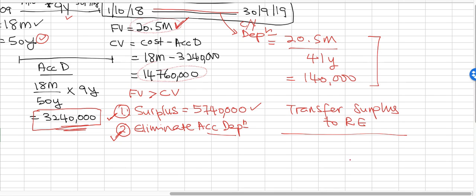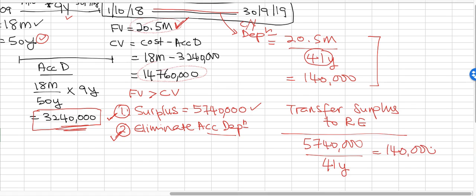Because you transfer the surplus annually, just like depreciation you charge annually. So the amount of the surplus is 575040. Then you divide by the remaining useful life of the asset, 41 years. So you get 140,000.